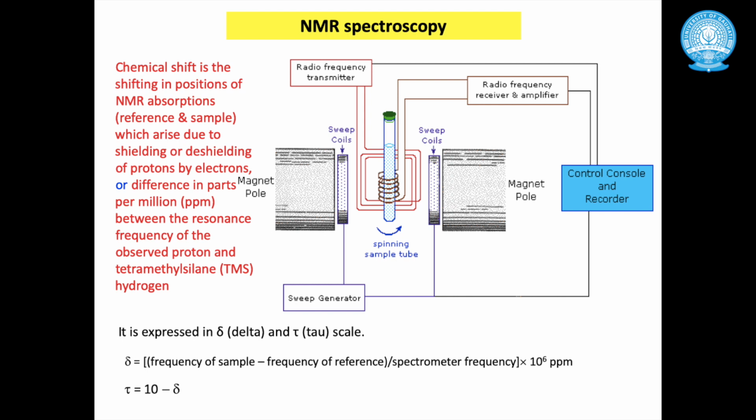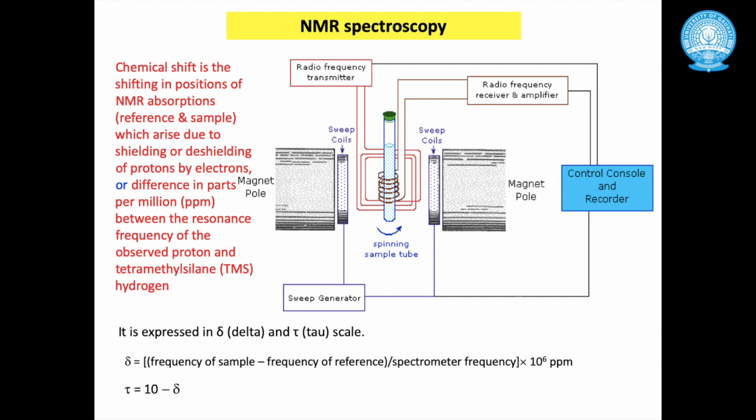This can be said in other words as the difference in parts per million between the resonance frequency of the observed proton and tetramethylsilane hydrogen. A tetramethylsilane compound is used as a reference, and the sample may be of any type.